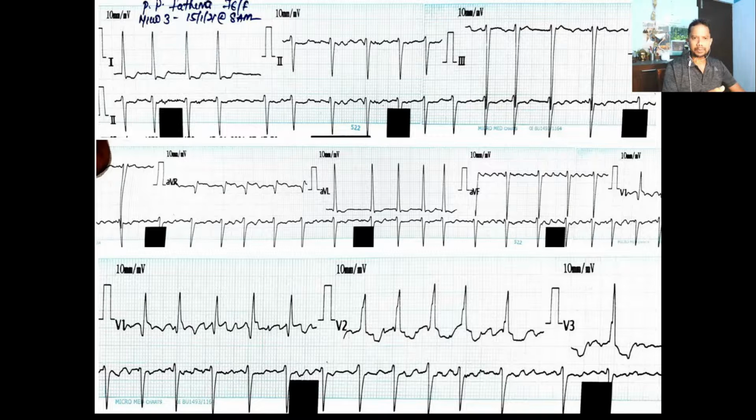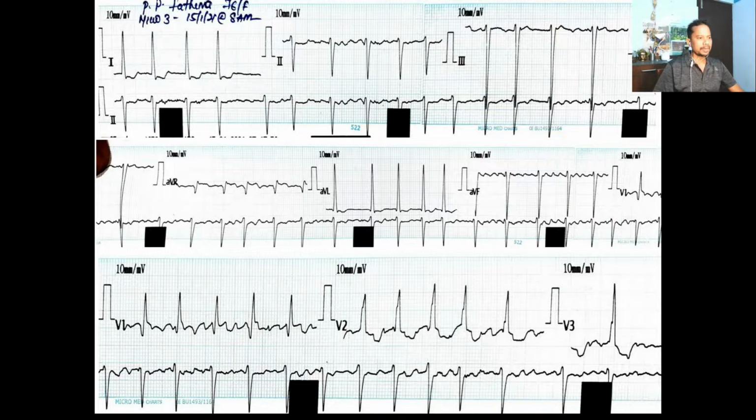There can be type 2 AV blocks and a lot of PACs and VPCs and mixed VPCs plus PACs, and heart rate can be irregular. But most of the times, in 90% of the cases, irregular heart rate you will see in atrial fibrillation, and this is the ECG of a person who is having atrial fibrillation.